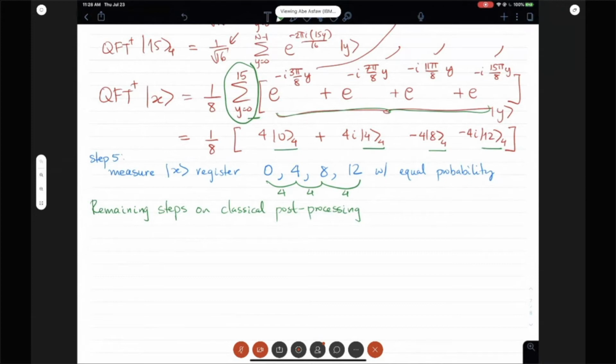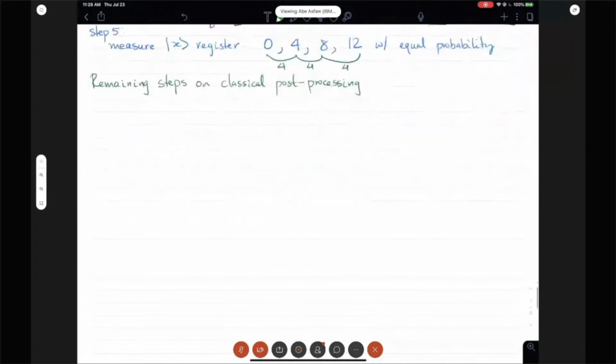So let's think about what would happen if you had the result of maybe 4, or 8, or 12, or 0. So let's analyze what happens for each outcome. And this is the important takeaway from the analysis I'm about to show you.